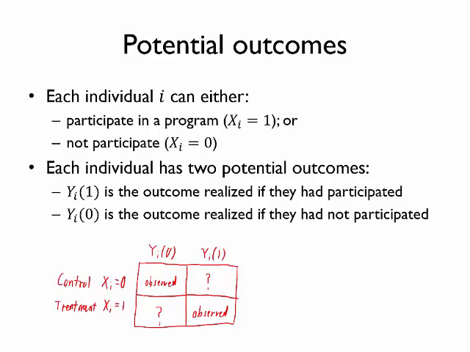Even though we don't observe all four parts of this table, the idea of potential outcomes could help us to think about measuring the impact of a program, even though we don't have all the information that we need.